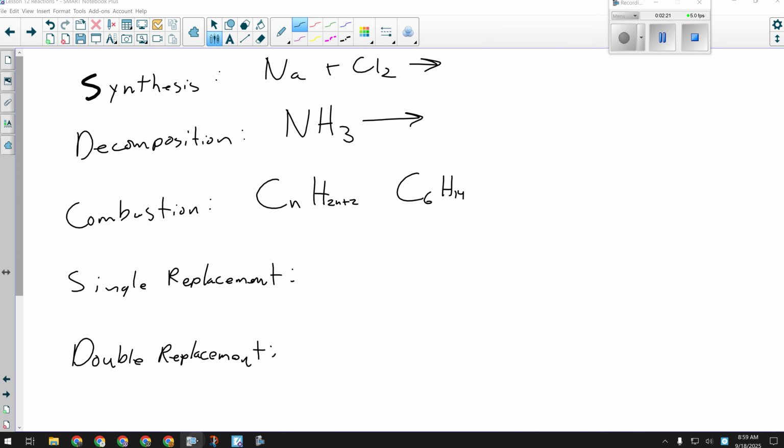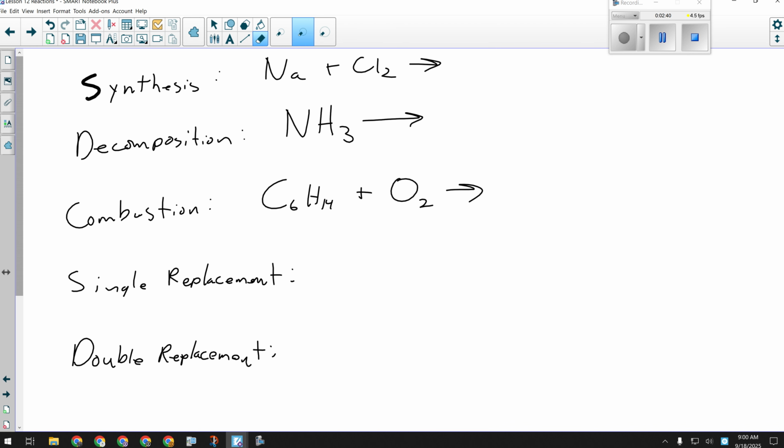It's that way for every alkane type of organic material. Not something you need to know, we're just putting it in there. I'll just write it this way, it's probably easier to make sense of it: C6H14 plus O2. We've got a carbon, hydrogen containing compound reacting with oxygen.